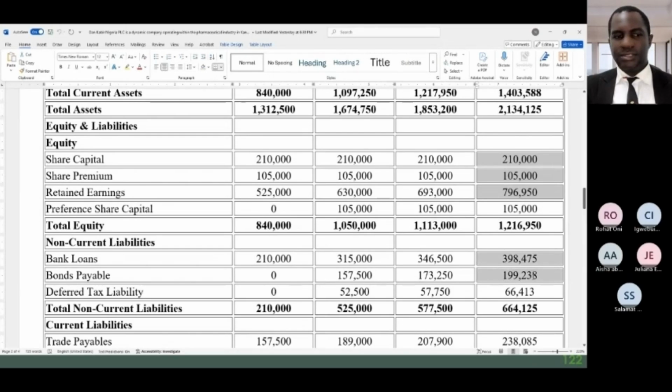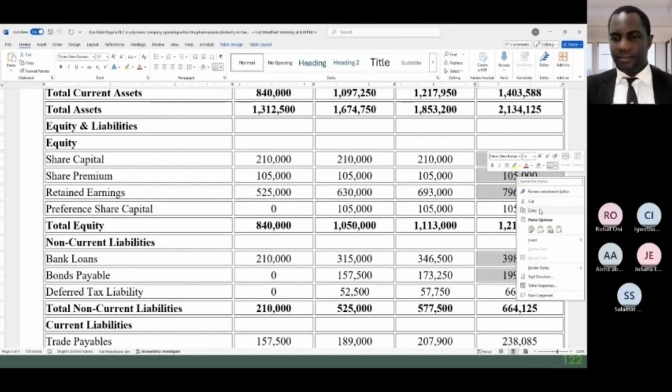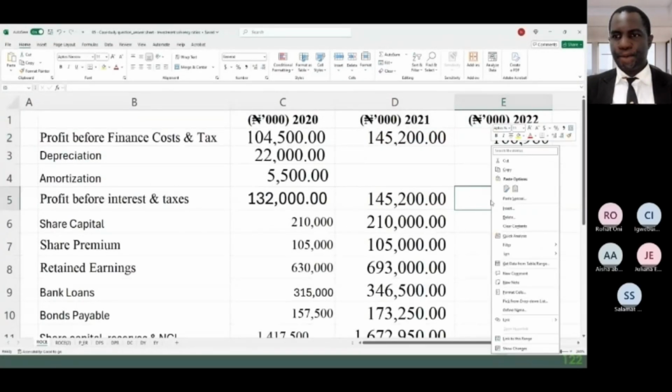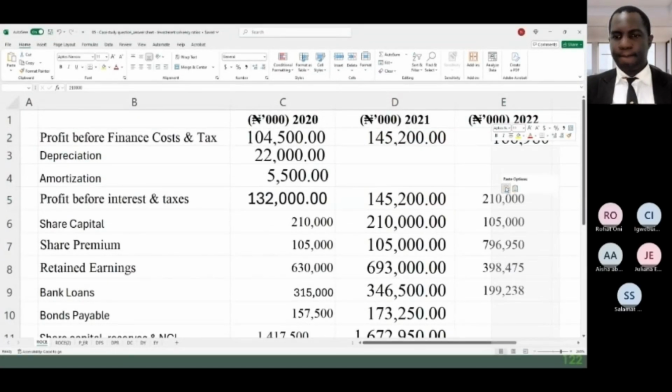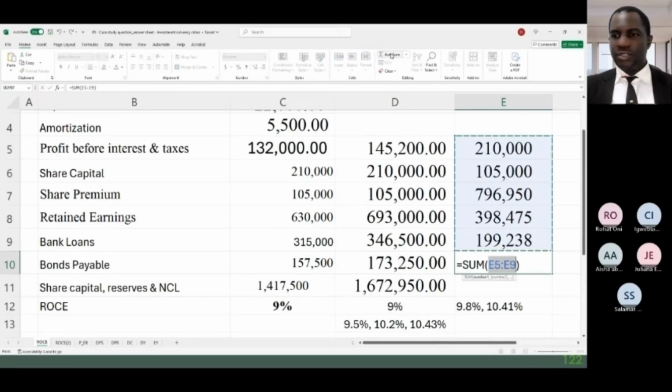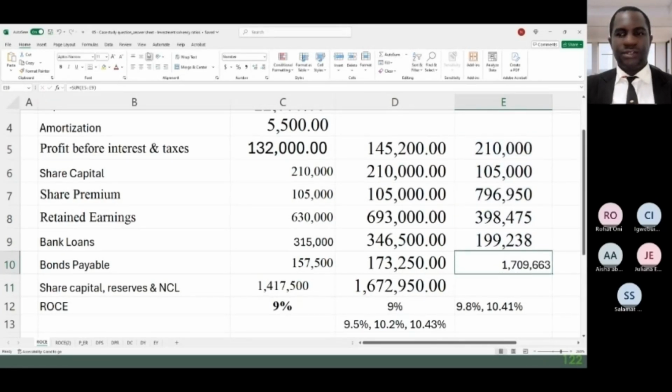We have bonds and we have 5 of them. So I'll pick them. Okay, so we have a sum total of 1,709,663,000. So our total.